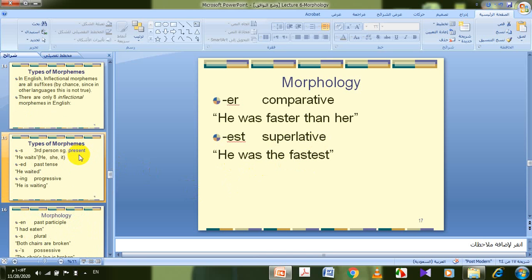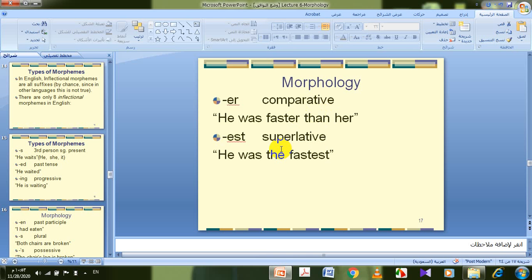So all the eight types here are inflectional morphemes. What are they? The S in the third person singular, he speaks. ED in the past tense, he waited. ING in the progressive, he's waiting.